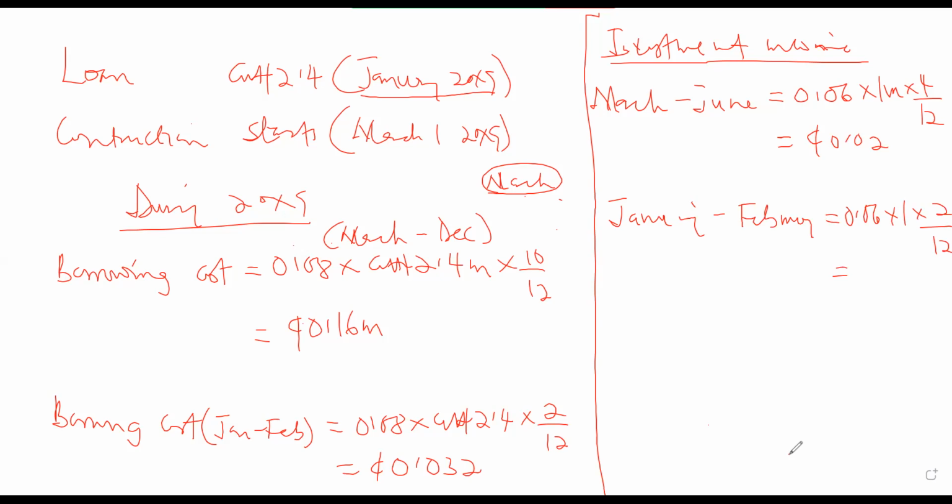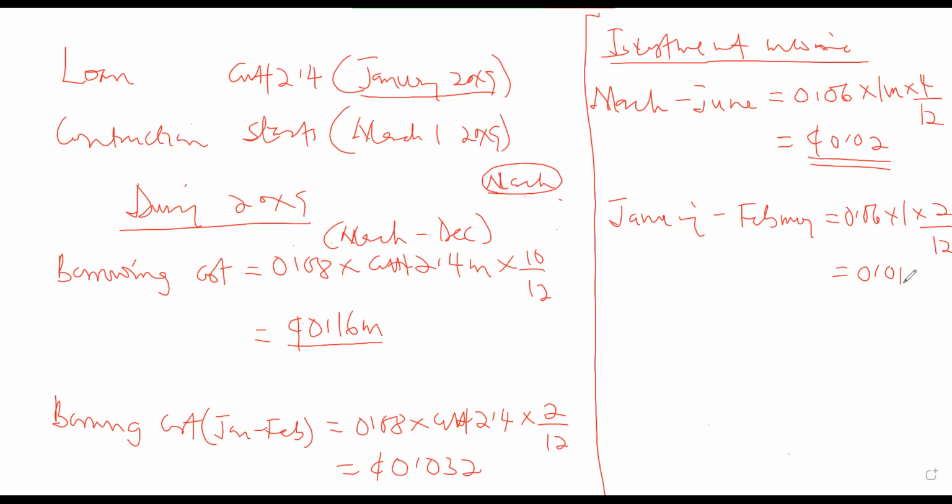0.01. These are all income, isn't it? Yes. From March to December, we are paying interest of 0.016, isn't it? But from March to June also, we are receiving income of 0.02. So what will be our net amount that we are paying?